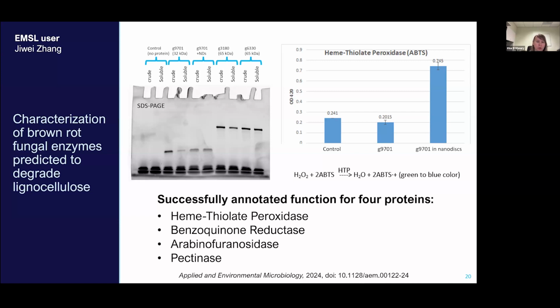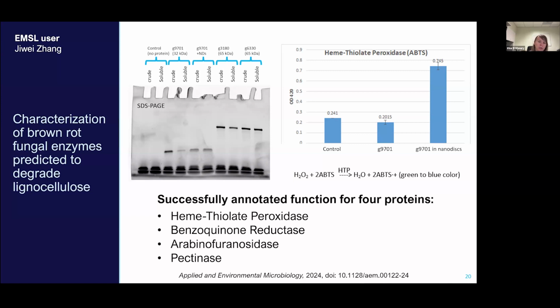Dr. Zhang's research is mainly focused on brown rot fungi. They are the most important agents in degradation of wood. These organisms have evolved quite a unique mechanism, which is using reactive oxygen species to initiate the breakdown of lignin and cellulose.